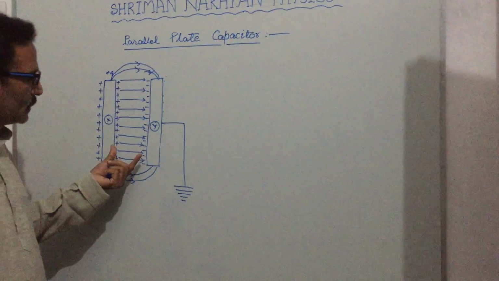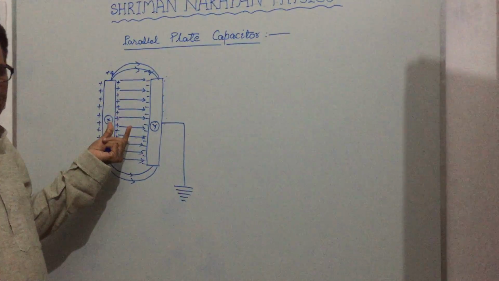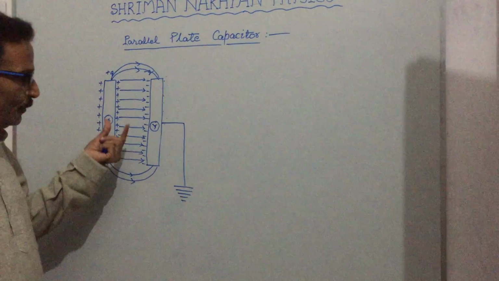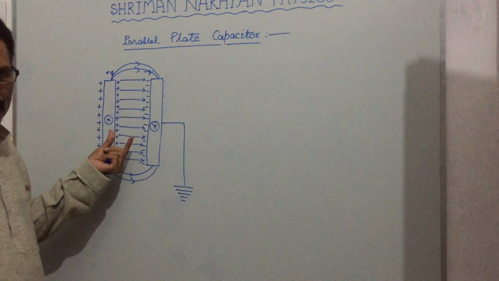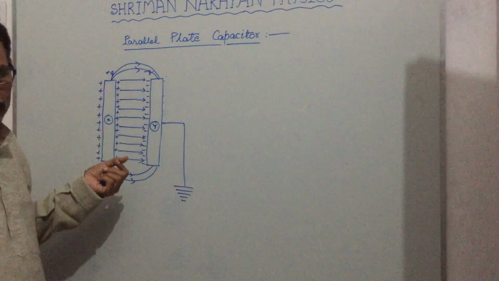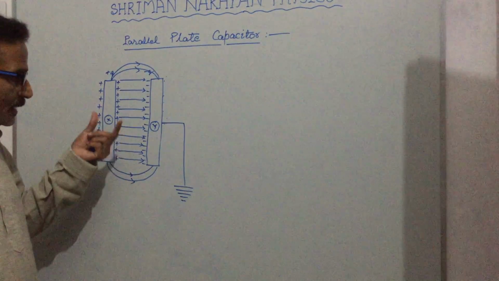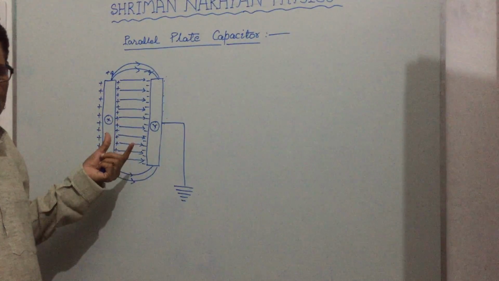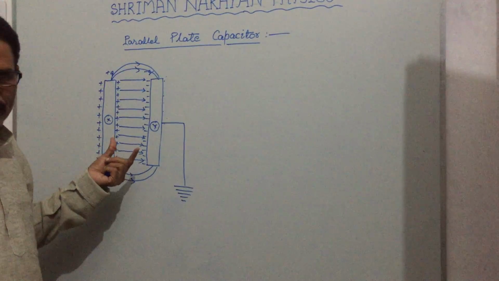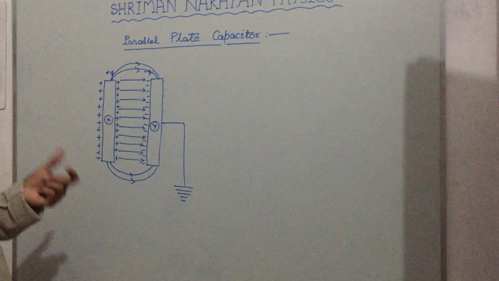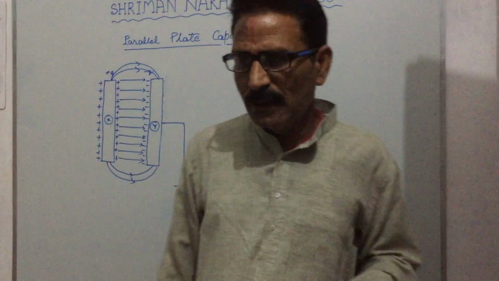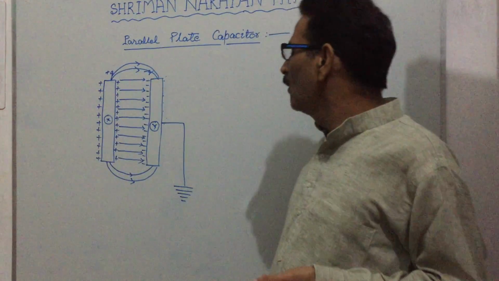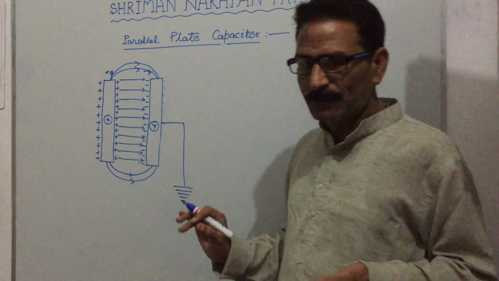Now, the medium in between these two plates is air, and in practical life, the separation between these two plates is very small. This assembly is nothing but a parallel plate capacitor. Now, I want to calculate the value of capacity for this parallel plate capacitor.